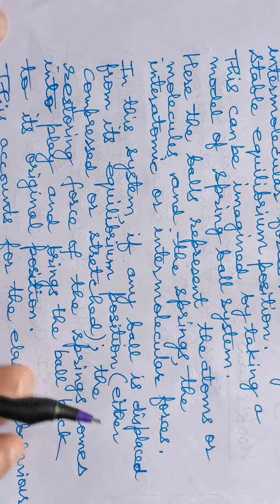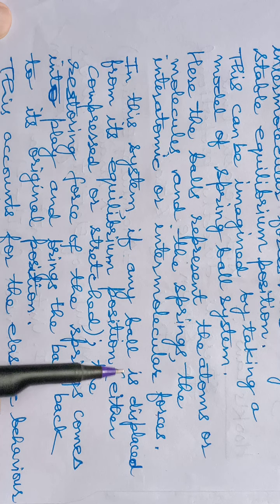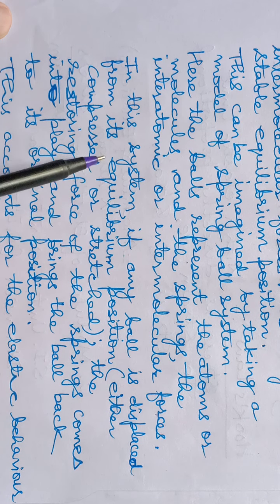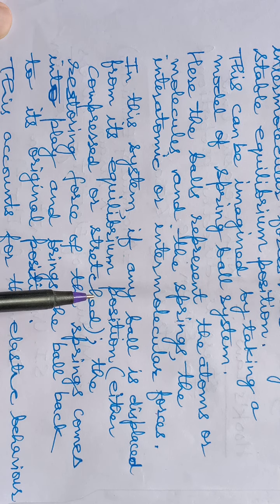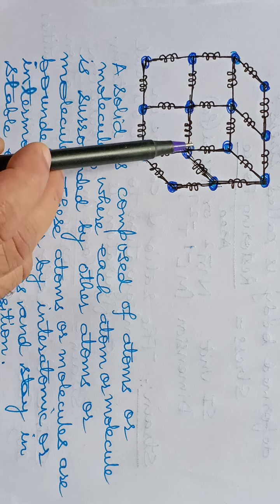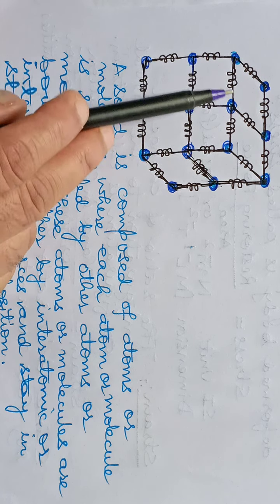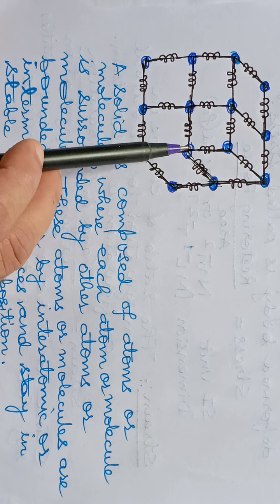Now, in this system, if any ball is displaced from its equilibrium position, either compressed or stretched, either the distance between them is increased or decreased. If we disturb any of these molecules or balls from the system, what will happen?